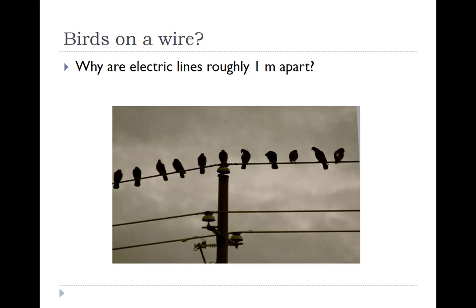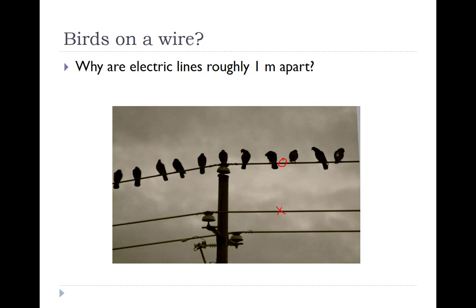Well, related question. Why are electric lines roughly 1 meter apart? And it's really the same answer. I need to be able to get up here and work on this wire without having to worry about hitting this wire, because if the bird's wings, when it flaps, hit both wires, or when the lineman is up there working on the lines, if he touches both wires, that completes the circuit, and that's not good for anybody or anything.